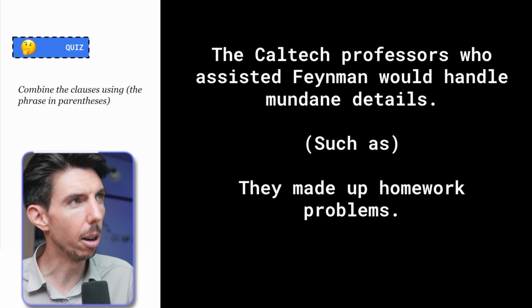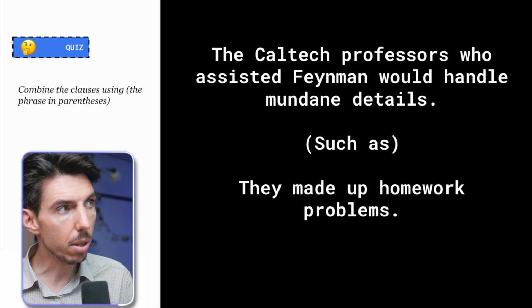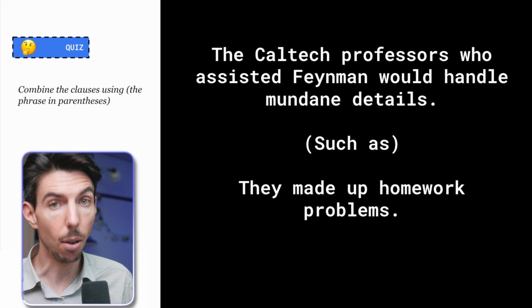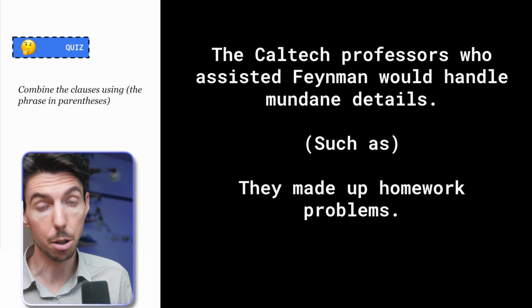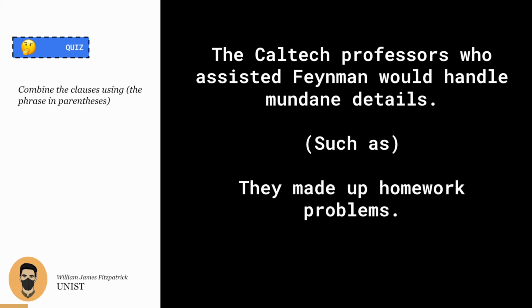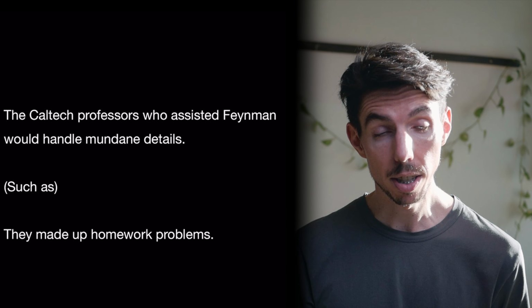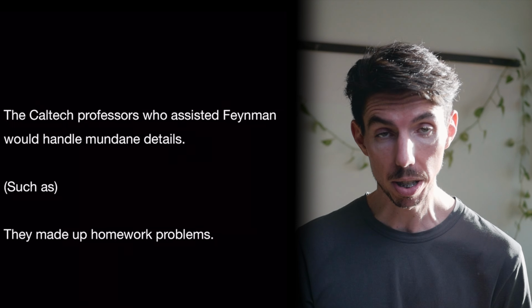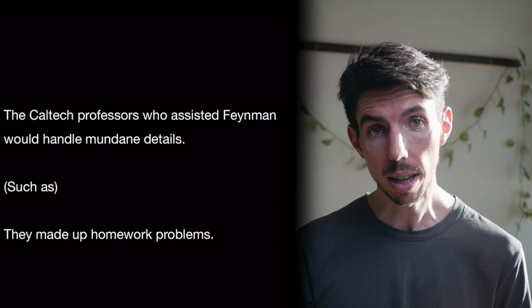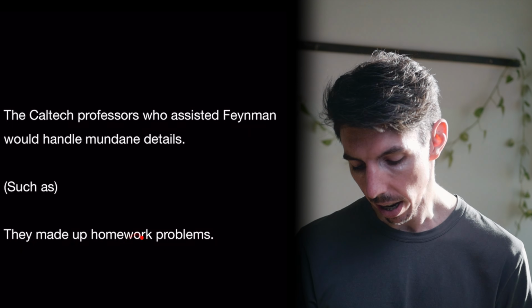So let's play with this a little bit. Here are two clauses. Join them together using the phrase in parentheses there. So we have "such as." You're going to join these two clauses using the phrase "such as." This is about Feynman. We know that "such as" is a prepositional phrase. It only attaches to nouns, but here we have a finite clause.